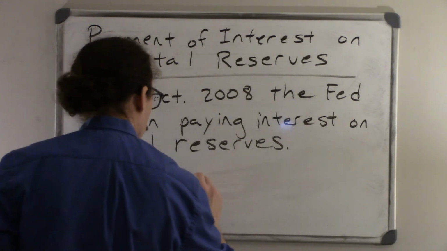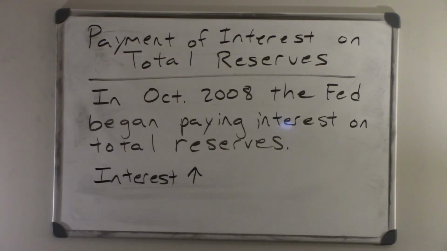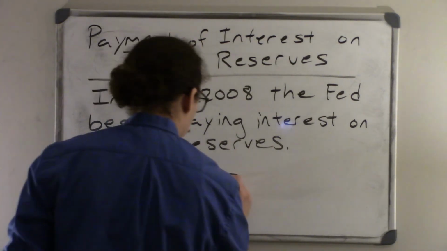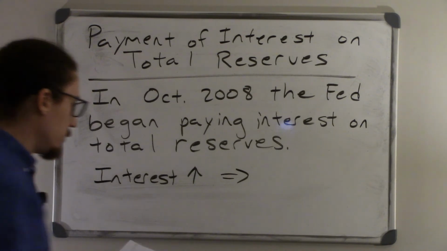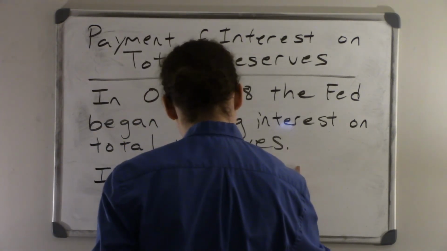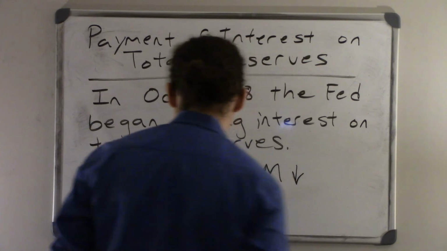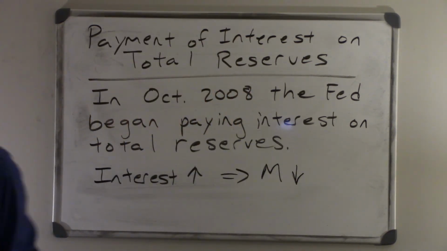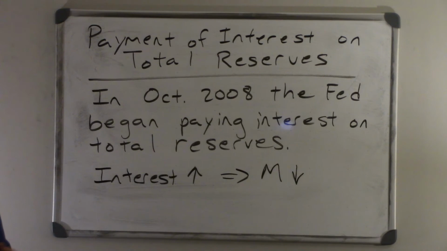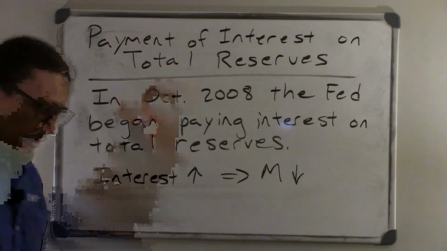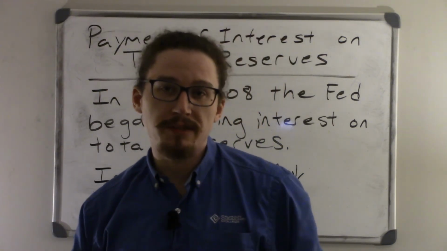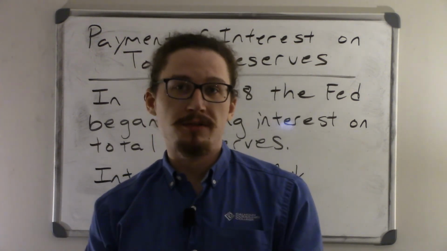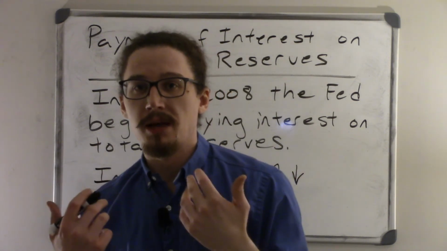When the interest paid went up, this led to a decrease in the money supply. Just very quickly, if the interest rate goes up, that means there's a higher rate of return for the people leaving money with the Fed.